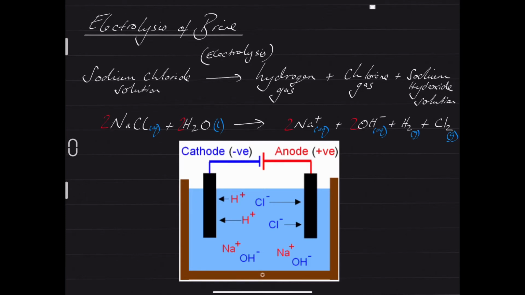So could you just take this diagram down for the electrolysis of brine under the equation that you've taken down. So just pause the video here and take this diagram down to reflect what is happening in the electrolysis cell. And once you've done that, we're going to move on to talking about what is actually happening at the anode and what is happening at the cathode in terms of oxidation and reduction.